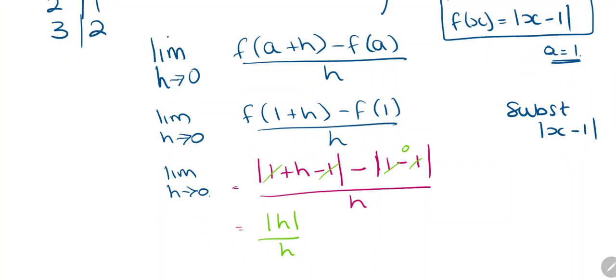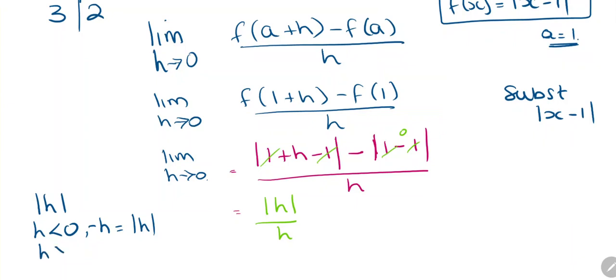So there's two things to know about the absolute value. The absolute value of h, if h is less than 0, we'll have negative h as the absolute value. And if h is greater than 0, then we have h as the absolute value.